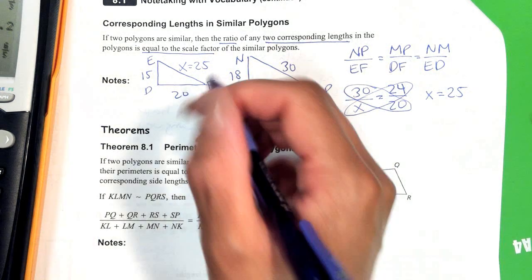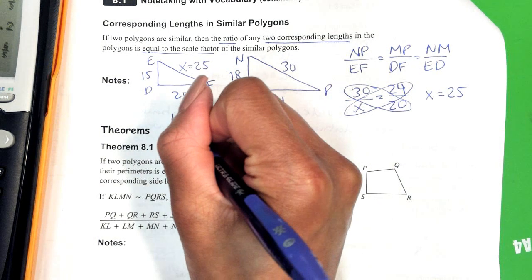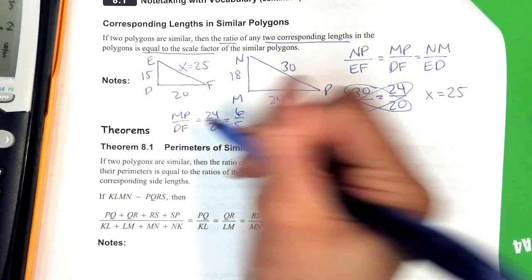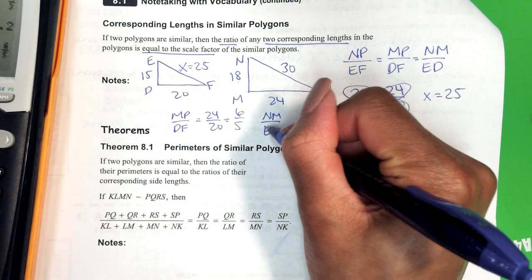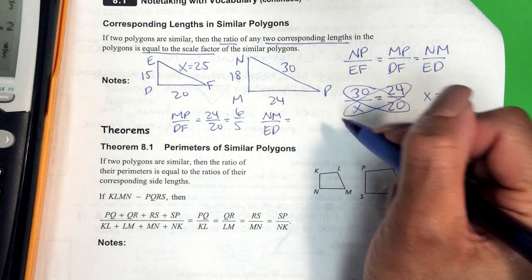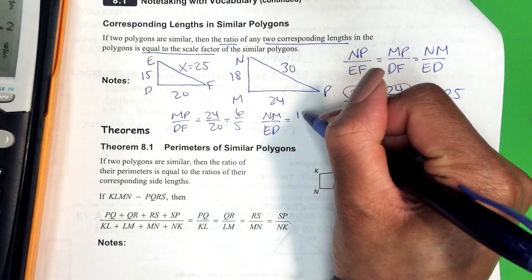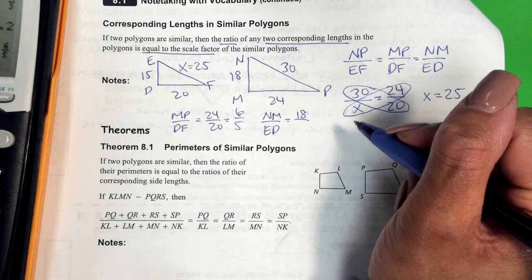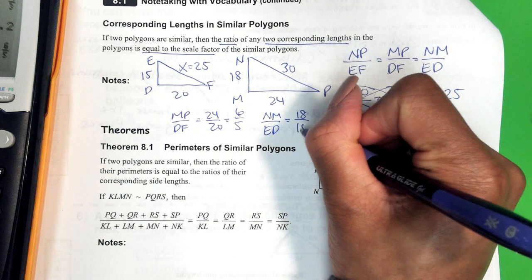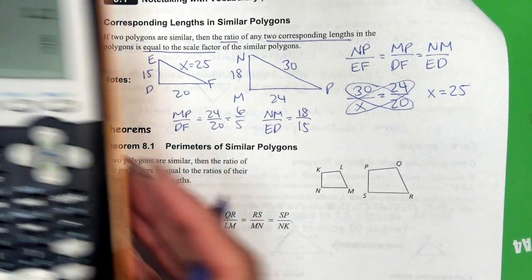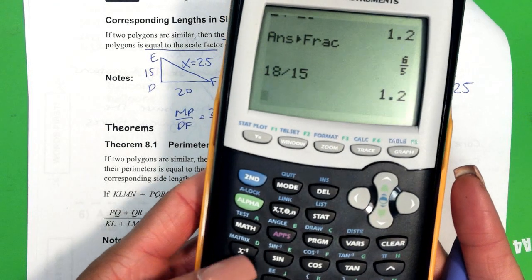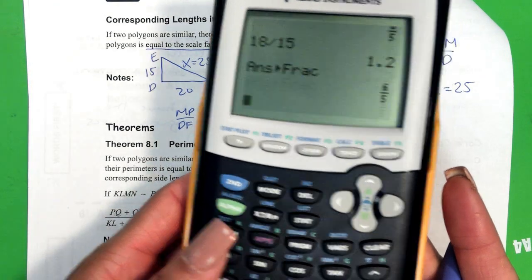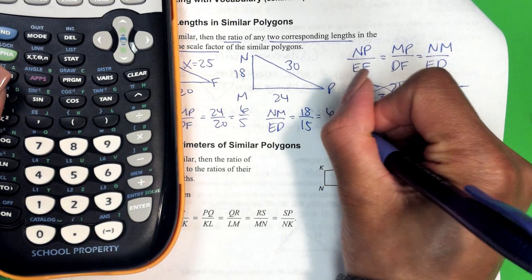That was what MP over DF was. So let's check the other one. I have NM over ED, and that's the same as 18 over 15. So 18 over 15. I still end up with 1.5, which is the same as 6 over 5.